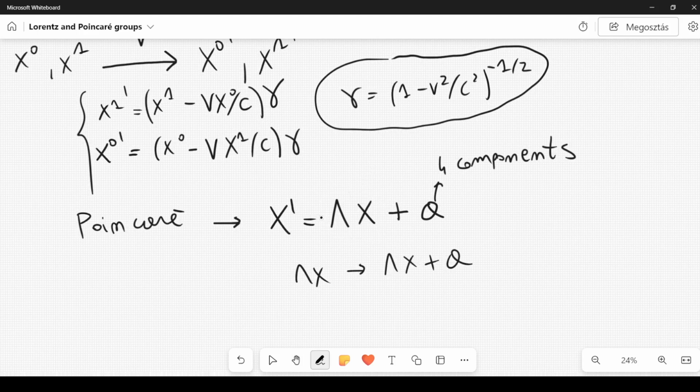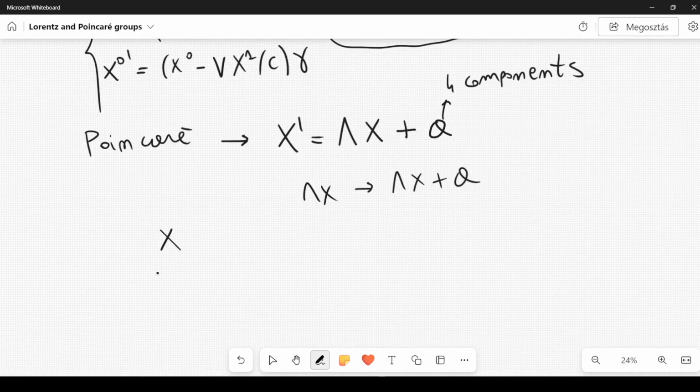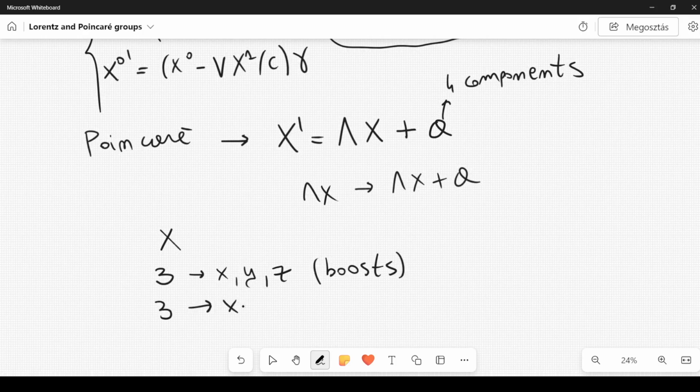So all in all, what we are doing is this. We start from x, then we apply a Lorentz transformation, so it can contain boosts and rotations. If you think about it, we have 3 independent boosts, because we can move along the x, y, and z direction. These are boosts, but we can also have 3 rotations. And they are independent if we think about the x, y, and z rotations. By combining these rotations and boosts, we obtain a general transformation.